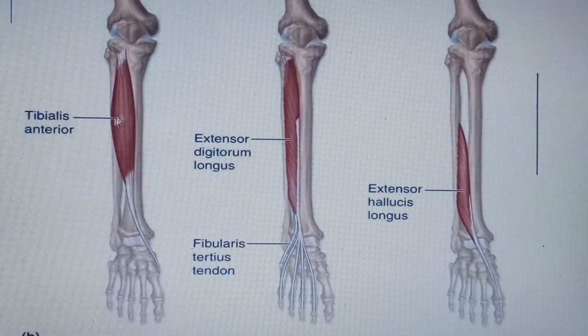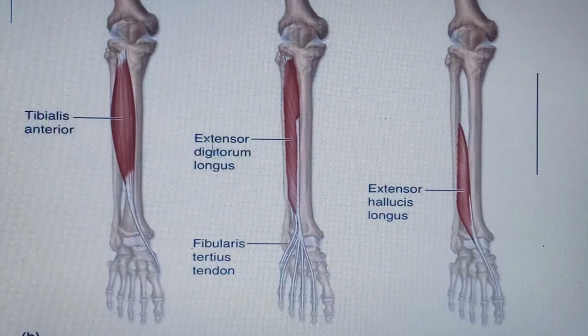Now the next muscle: when I cut and reflect this tibialis anterior muscle, deep to it I have the muscle known as extensor digitorum longus. If you remember, when we talked about muscles in the posterior compartment of the forearm, there was extensor digitorum, with no brevis or longus or profundus or superficialis to it.